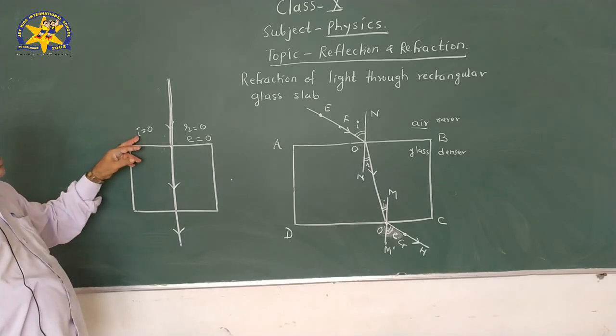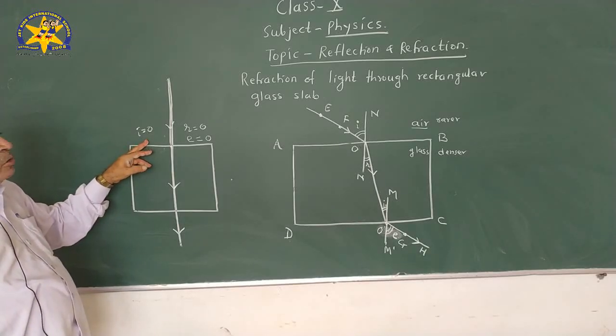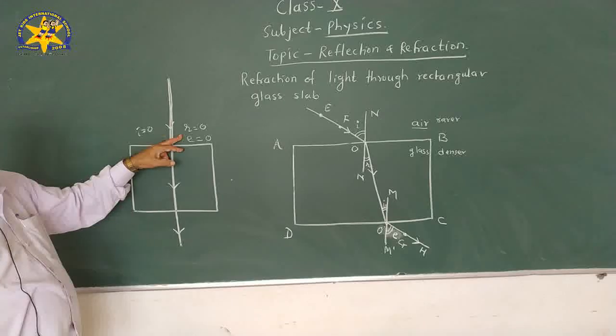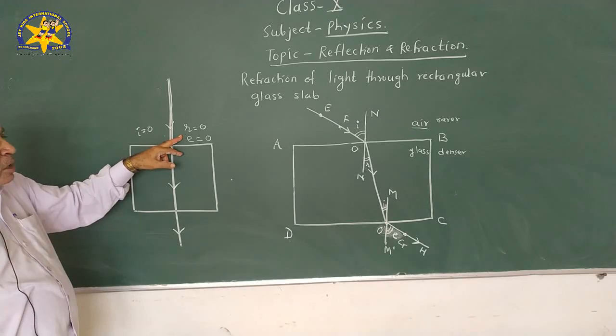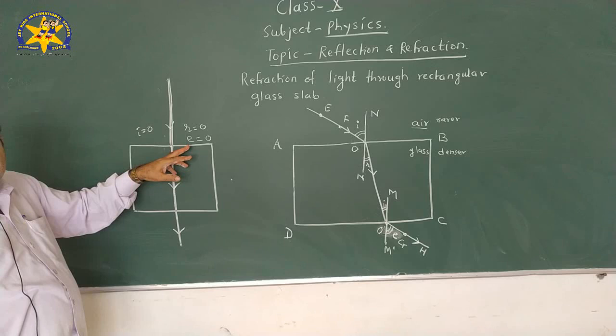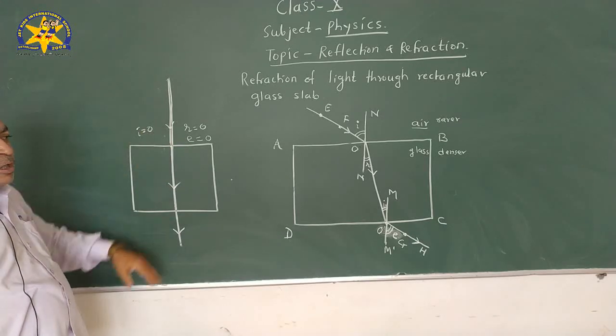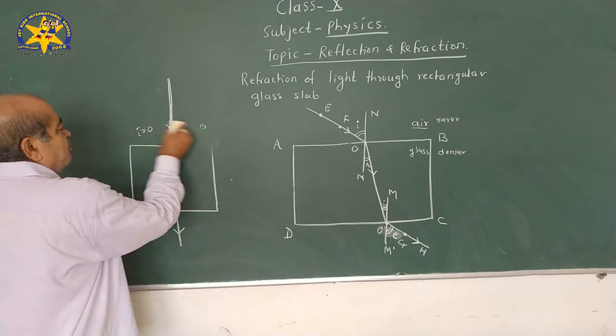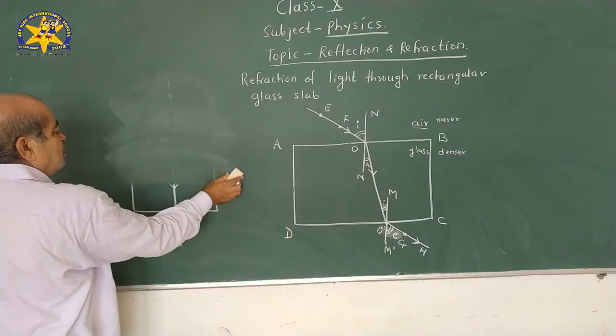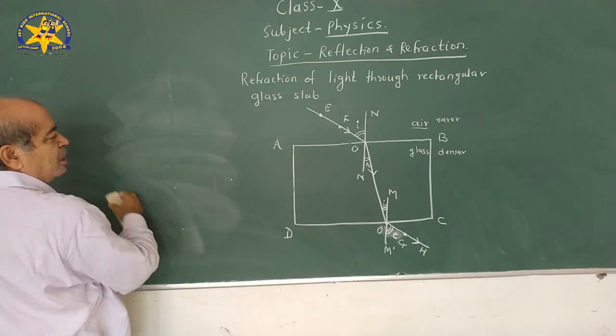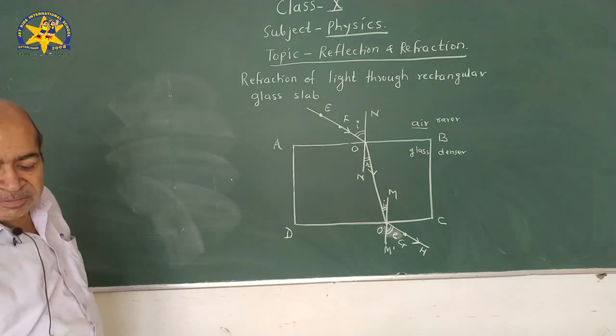The angle of incidence is equal to 0, angle of refraction is equal to 0, and the angle of emergence is also equal to 0. So this is the case when the light is incident on the rectangular glass slab normally.